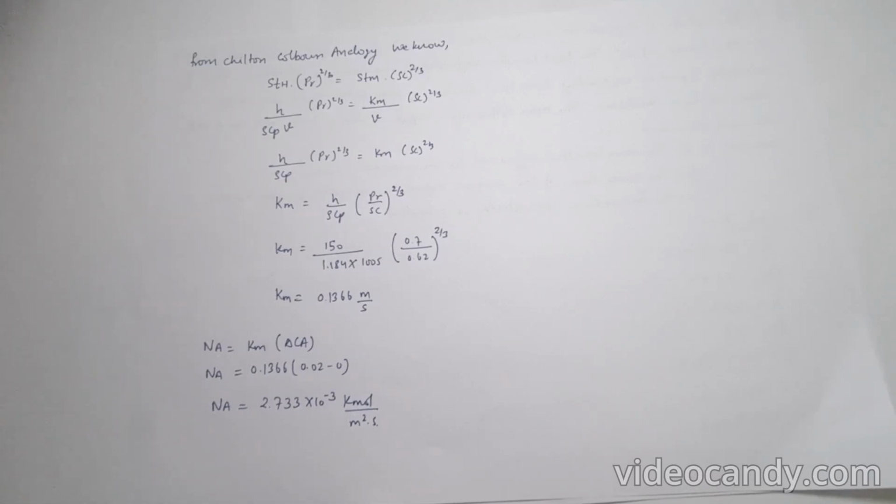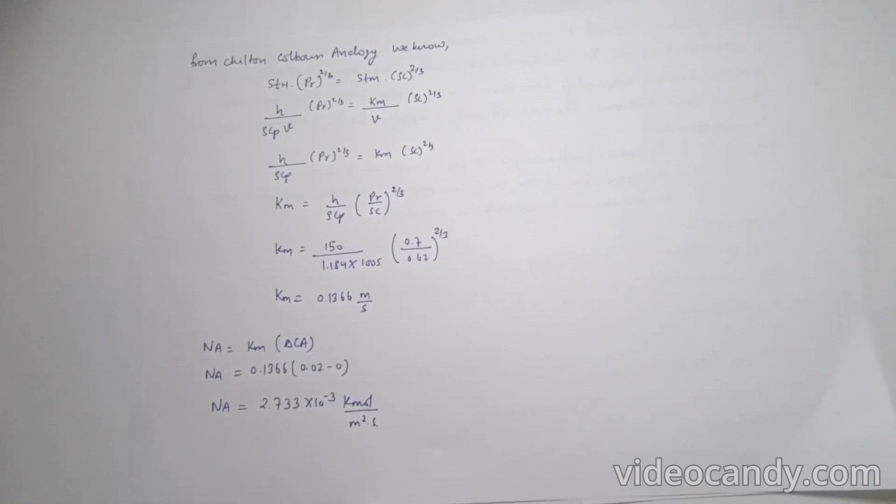So from the Chilton-Colburn analogy, we know the relation: Stanton number of heat transfer into Prandtl number to the power 2 by 3 is equal to Stanton number of mass transfer into Schmidt number to the power 2 by 3.